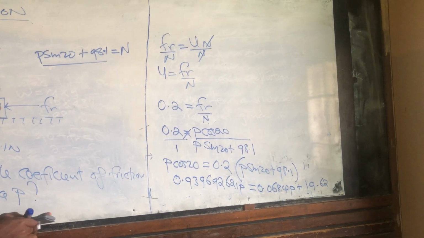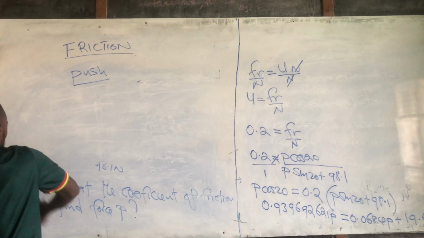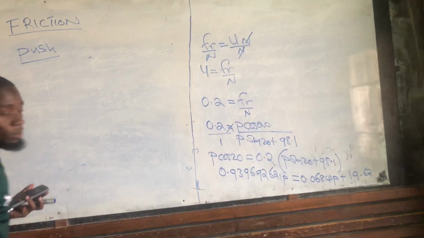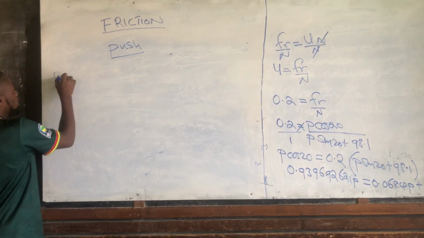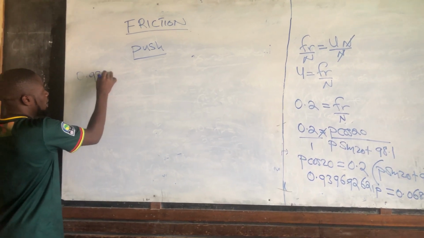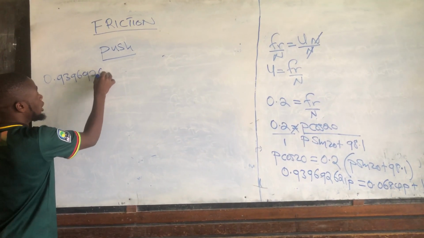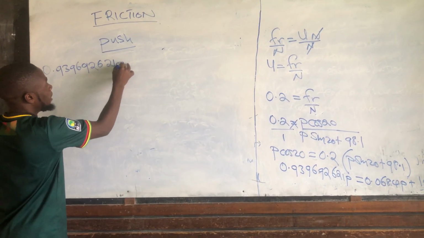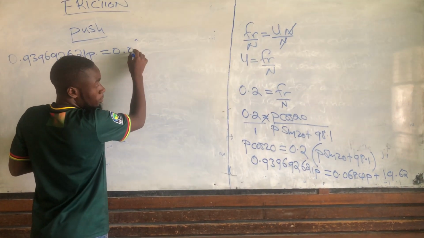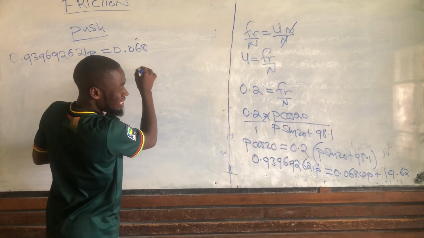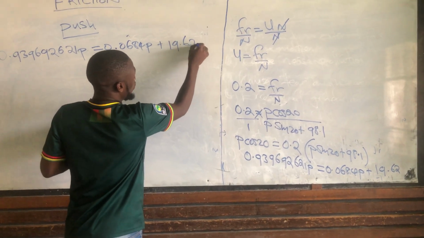So let me bring it this side here. So we have 0.93969261p there, being equal to 0.0684p plus 19.62.